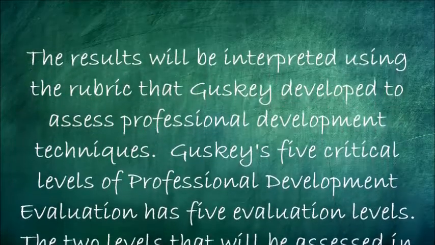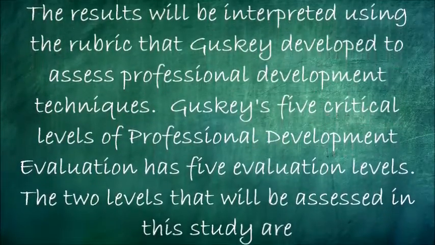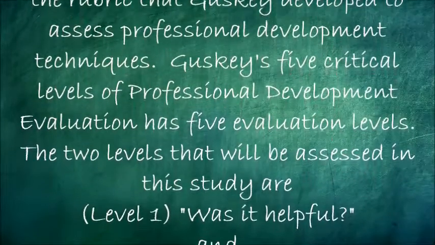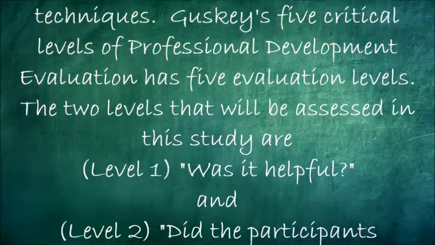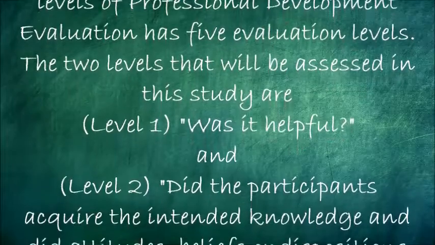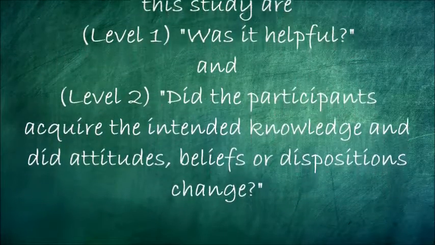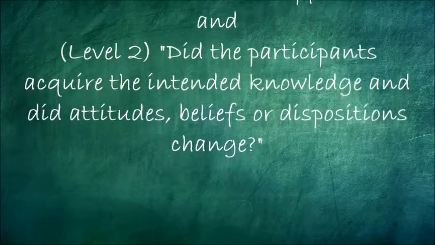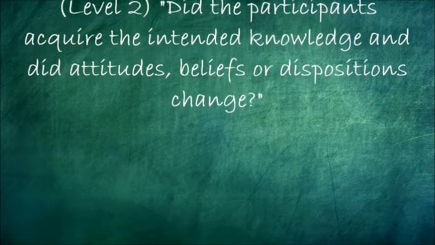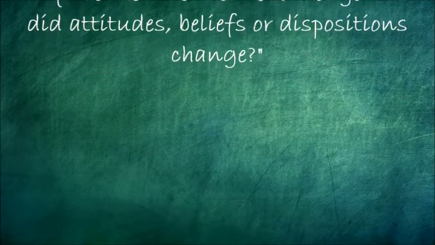Guskey's 5 critical levels of the professional development evaluation has 5 evaluation levels. The 2 levels that will be assessed in this study are Level 1, was it helpful? And Level 2, did the participants acquire the intended knowledge and did attitudes, beliefs, or dispositions change?